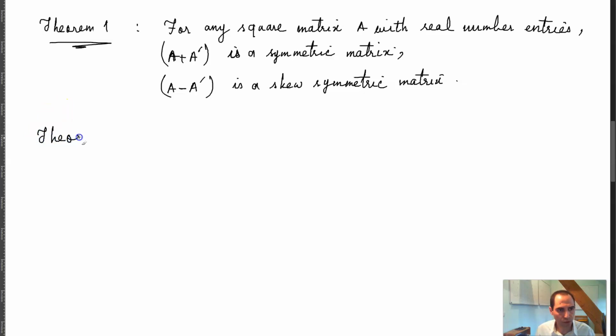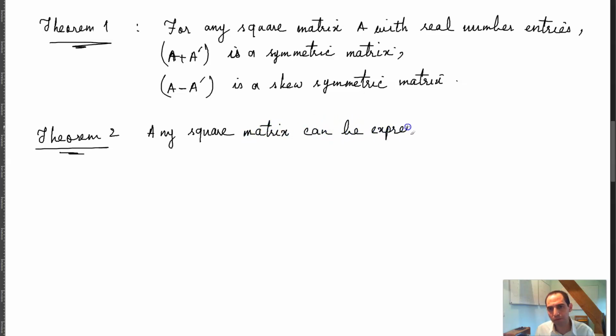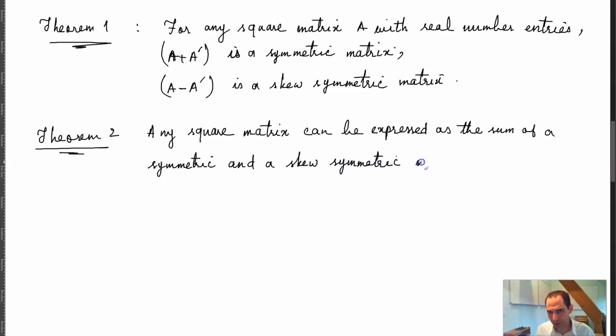Theorem number 2, we said that any square matrix can be expressed as the sum of a symmetric and a skew symmetric matrix.